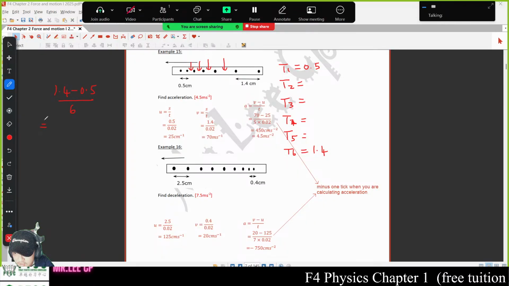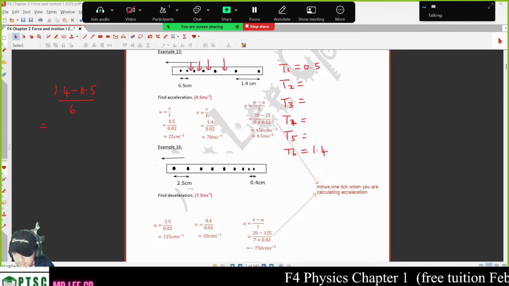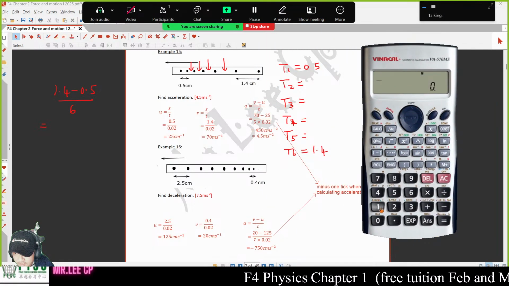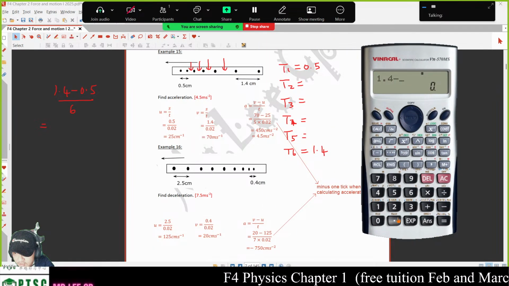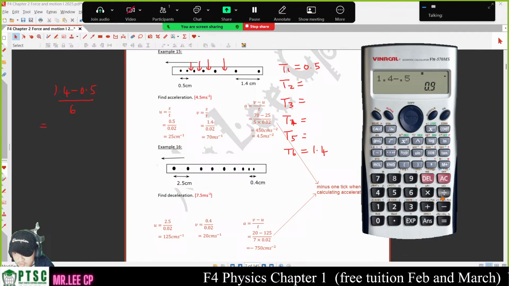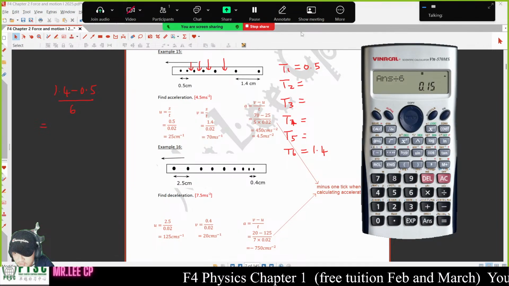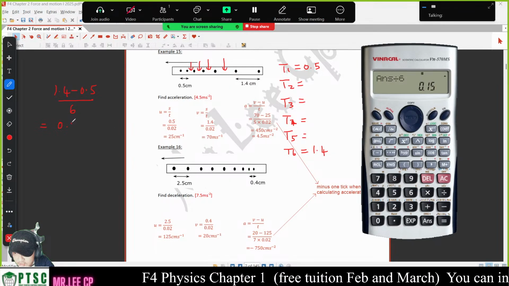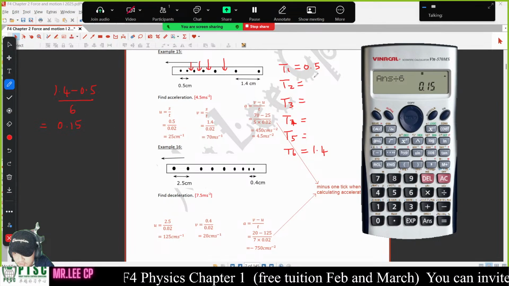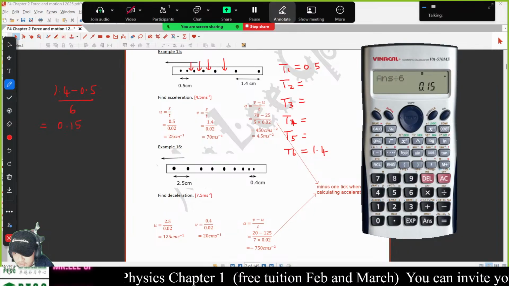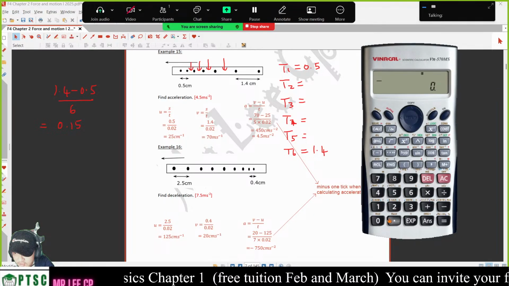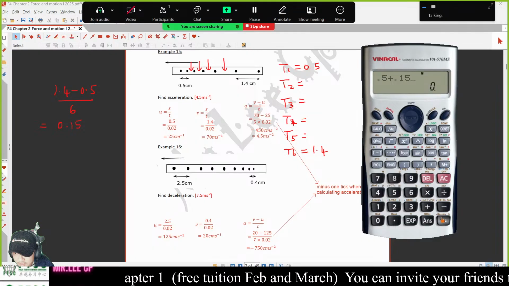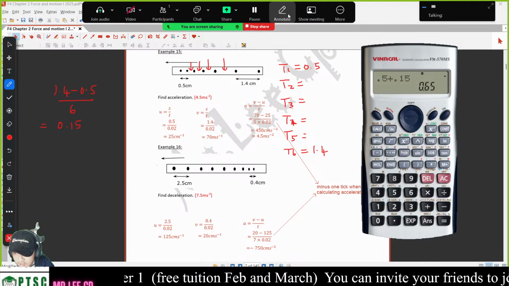Okay, we try. 1.4 minus 0.5, divided by 6, so everyone has to plus 0.15. Meaning here you have to plus 0.5 plus 0.15, so the second term is 0.65.